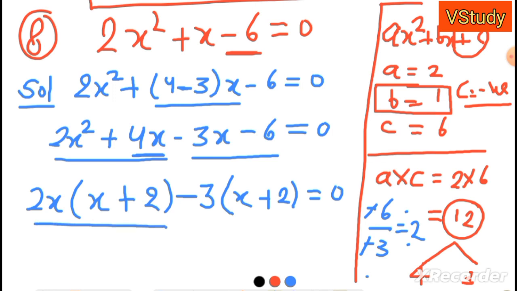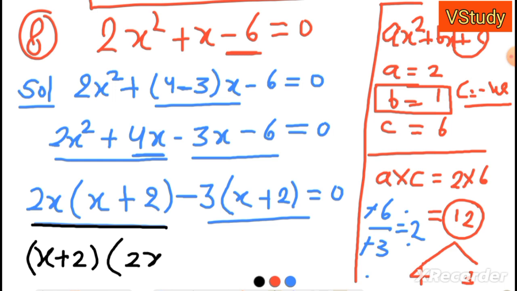Now from both the terms we can take x plus 2 as common. Now we divide the first term by x plus 2, so we have 2x as remainder. And now we divide the second term by x plus 2, so we have minus 3 as remainder, equal to 0.